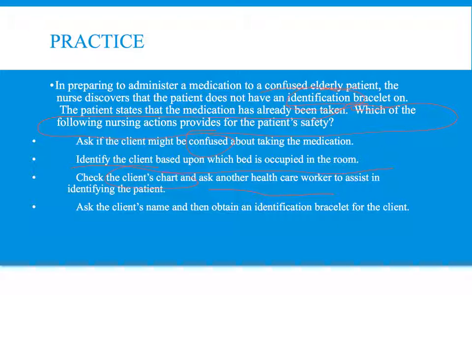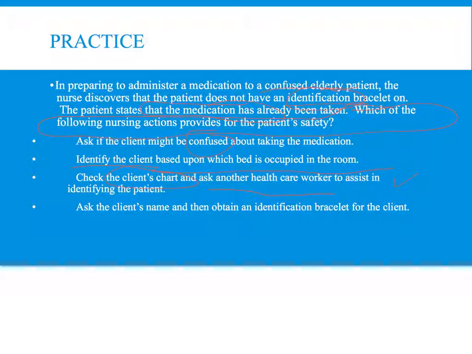Checking the client's chart could help us look to see if anybody has documented that there's been any medication given already. So I kind of like this one because it is, again, like a global answer. It's identifying and addressing those different problems that I've seen in my case scenario. So I'm going to keep this one checked here for the moment.